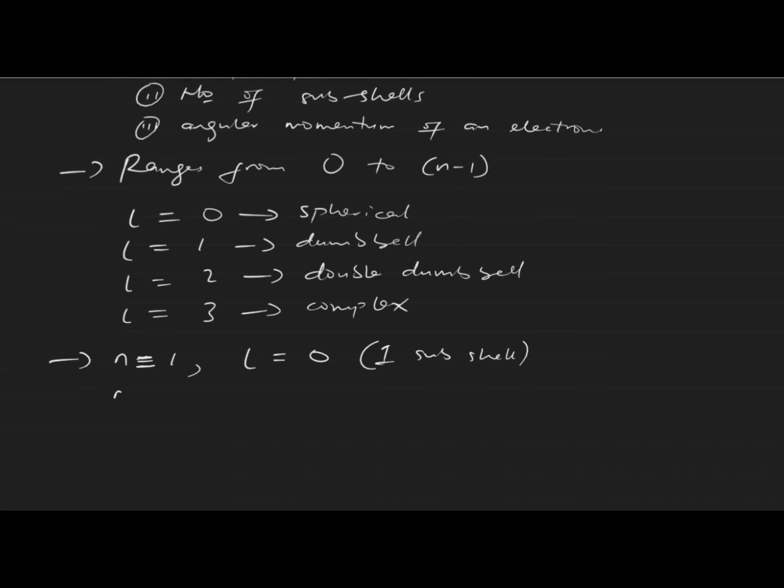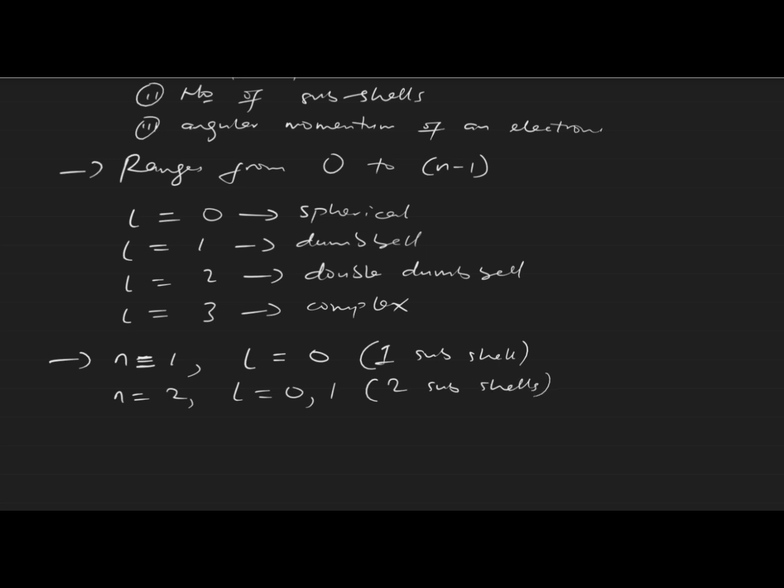And then when n is equal to 2, then L will be equal to 0, 1. We said it ranges from 0 to n minus 1. So n minus 1 in this case will be 2 minus 1, and that is 1. So that means the second energy level or the second shell in an atom has 2 subshells.